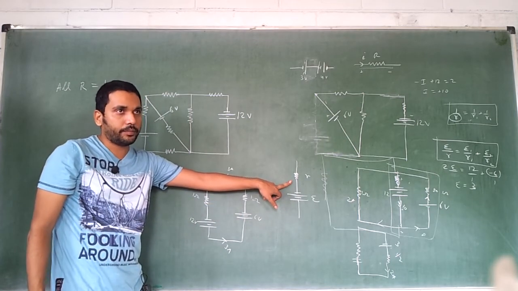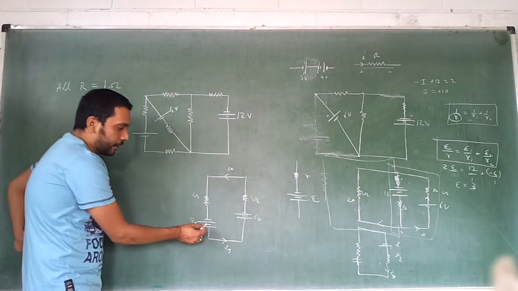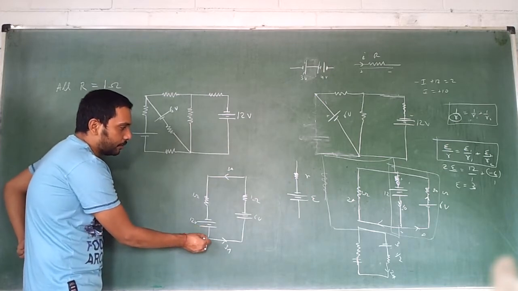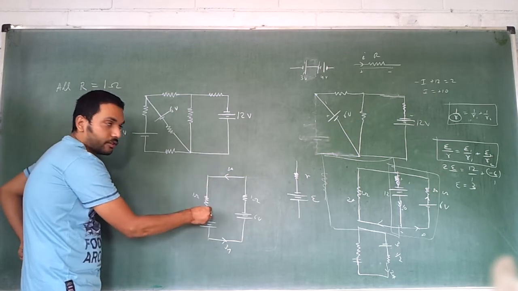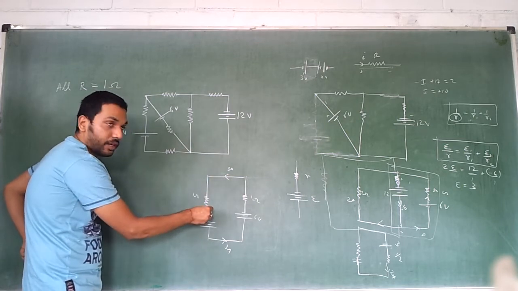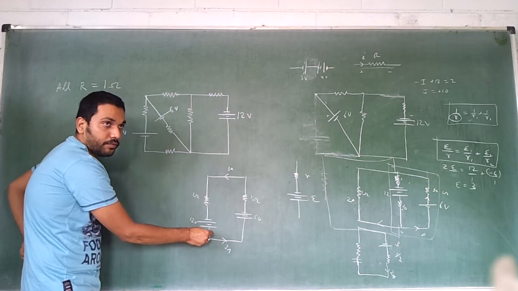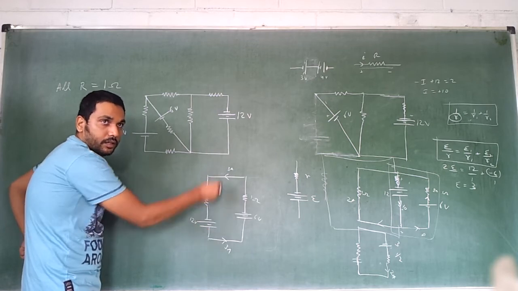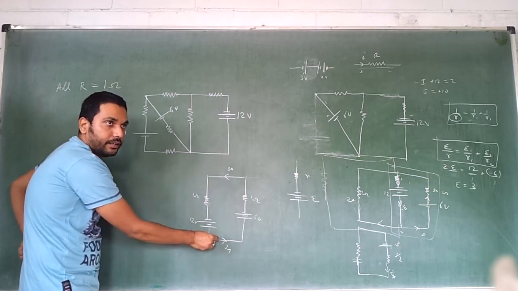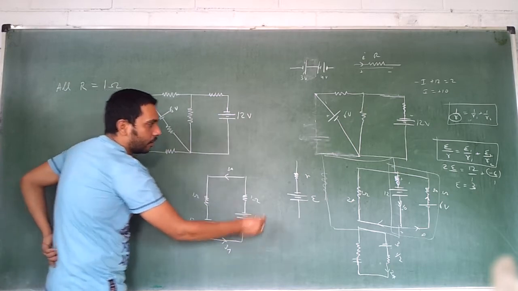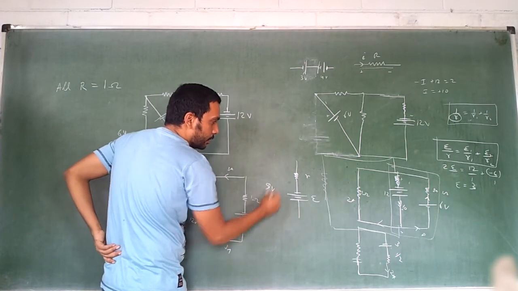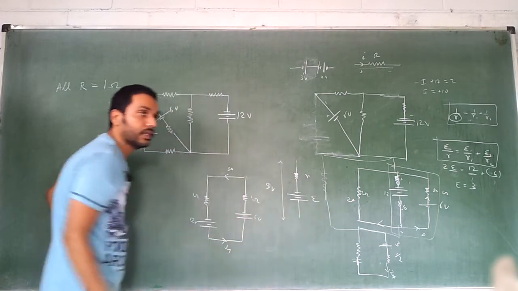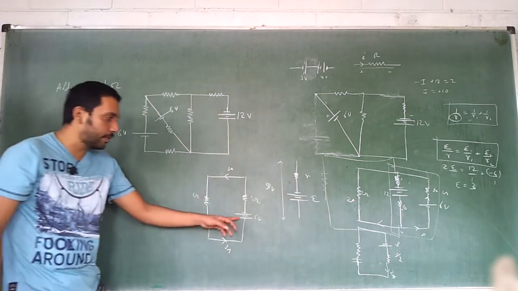Get the point? Let me check what is the voltage drop from this point to that point. How much is the voltage drop? Minus 3 plus 12. So how much is it? Here to here, 9. Right? So it is a battery of 9 volt in this situation. Okay? You can check from here also.